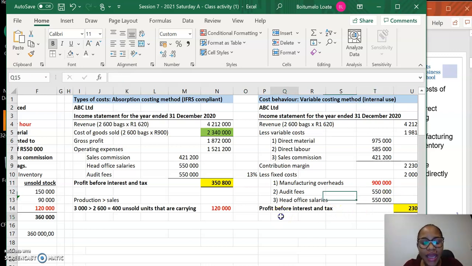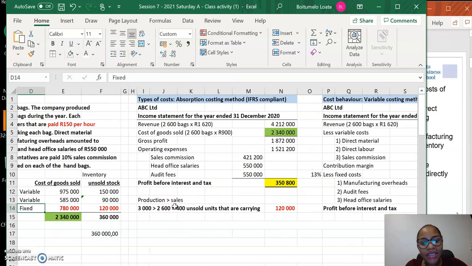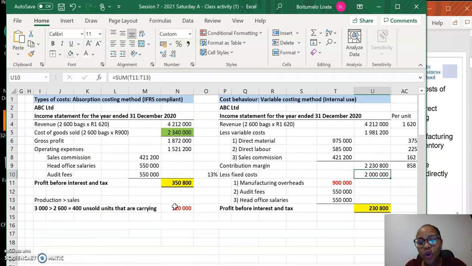If we then calculate the profit before interest and tax, the variable costing method gives you 230,800 versus the absorption costing method, which gave you 350,800. These two are different because of that 120,000 that is still staying in inventory in the absorption method, whereas with variable costing the full manufacturing overheads had to come through.